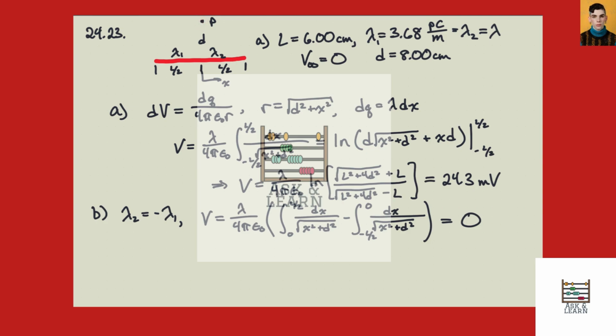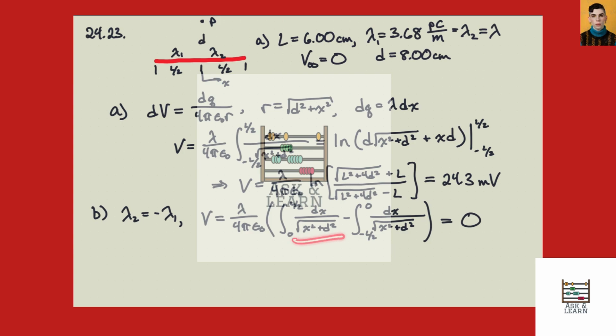Now, in the second case, we can either go through and do this integral again. Now we have to divide it up because part of it has a positive charge distribution and part of it has a negative charge. So we can divide it up, but what we can also see just by symmetry is that we'd expect the voltage here to be 0.